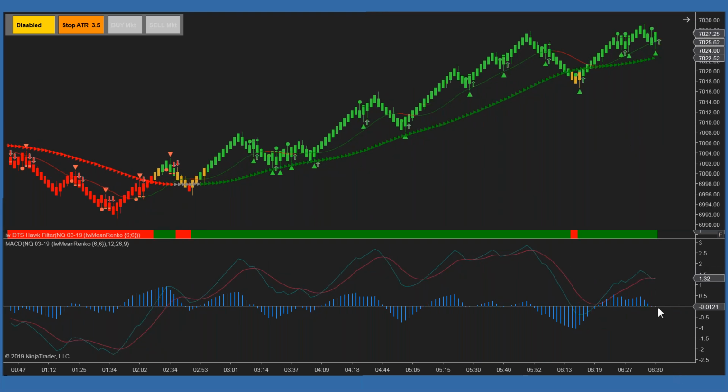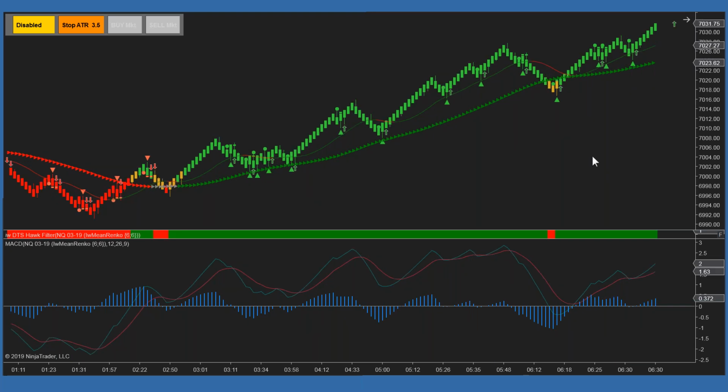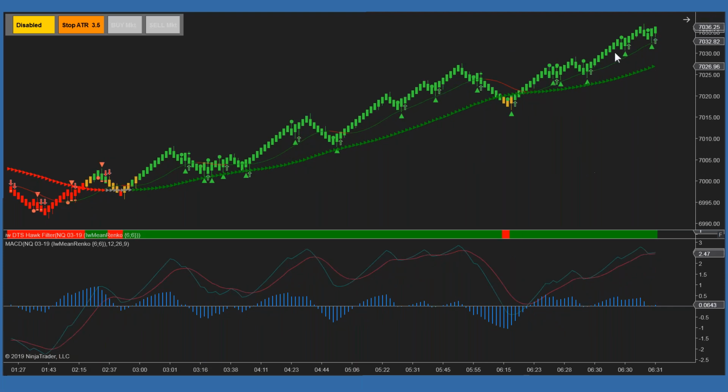There we go, MACD back now toward the zero line. And you can be looking for the MACD to resume the trend. And there it is. There's the trend resumption. There's your signal now. And there's your second chance to get on board. And of course, the market has a little bit more follow through. So it can work for you that way as well.